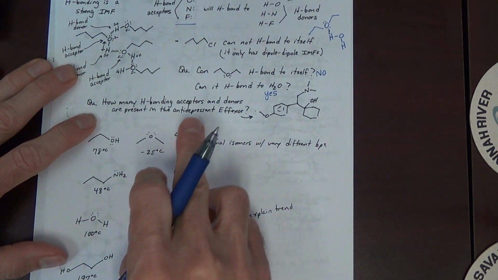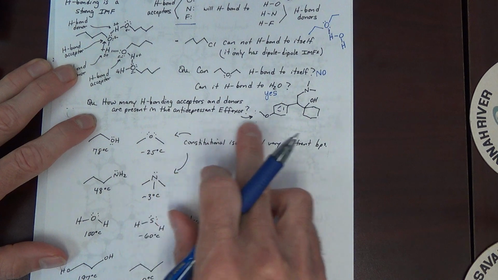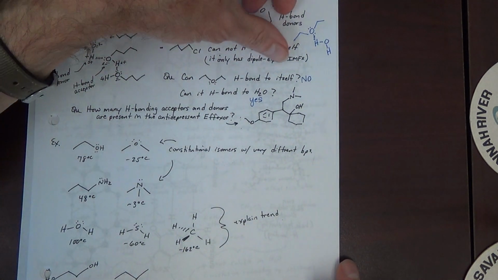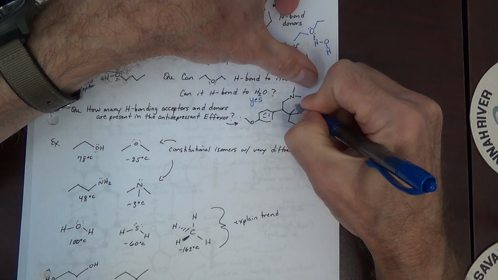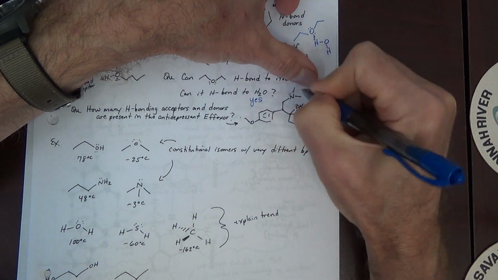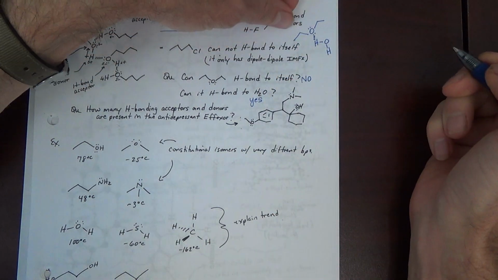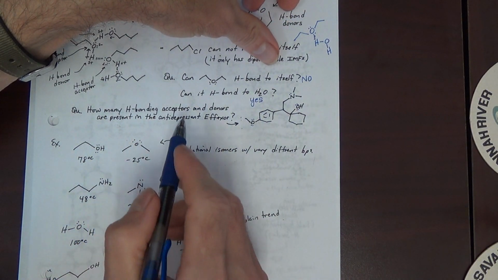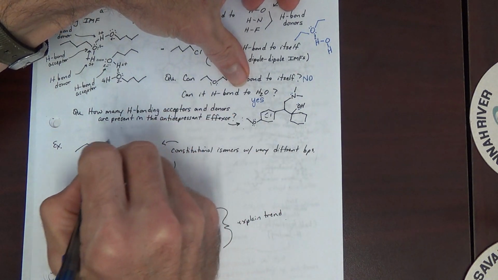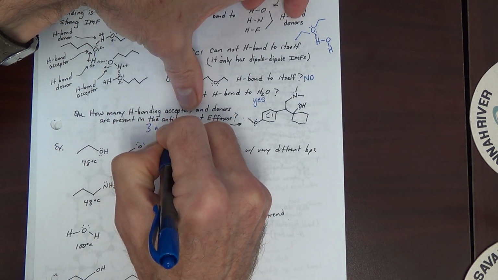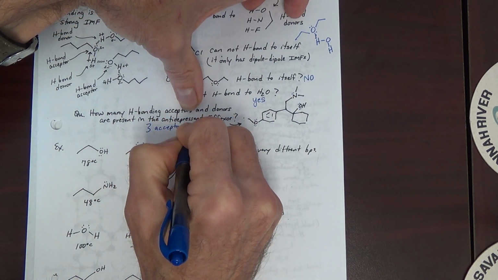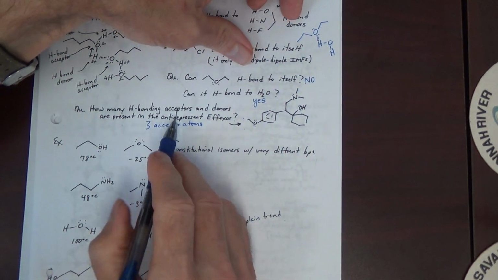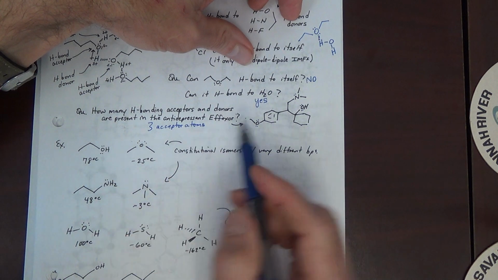Question. How many H-bond acceptors and donors are present in the antidepressant drug known as Effexor? I have an oxygen, I have a nitrogen, I have oxygen. Acceptors. I would say 3 acceptor atoms. Might want to clarify that, acceptor atoms.